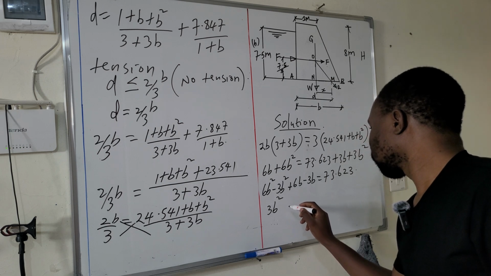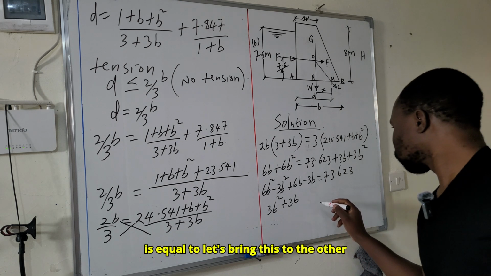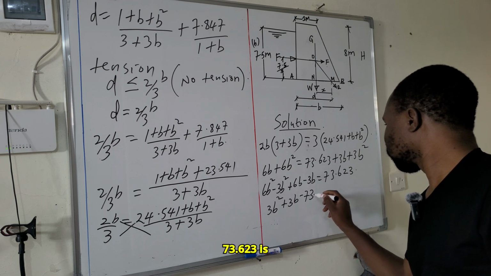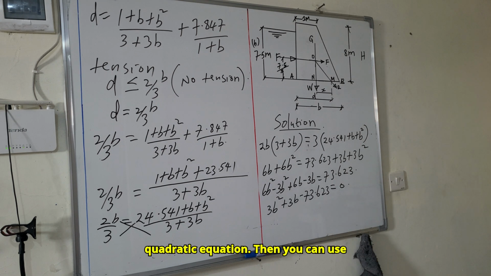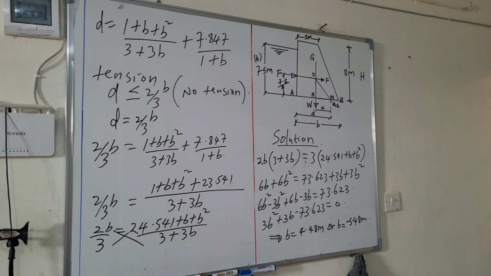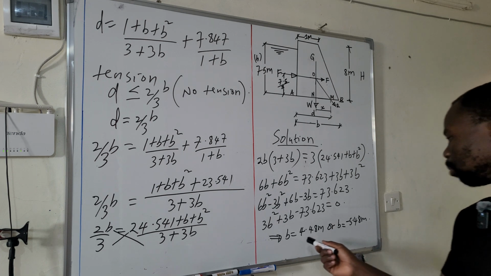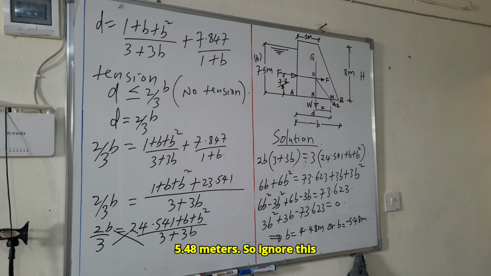So if we continue, we'll end up having 3b square plus 6b, let's bring this to the other side, so it will be minus 73.623 is equal to 0. So this is a quadratic equation. Then you can use your scientific calculator to solve the quadratic equation. You will end up having b equal to 4.48 meters, or b equal to negative 5.48 meters.